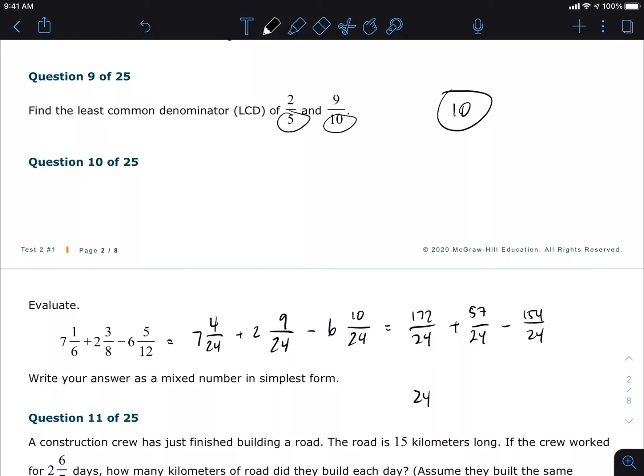So my denominator is going to be 24. My numerator will be 172 plus 57 minus 154, which should be 75. And 24 goes into 75 3 times, right? And the remainder is 3 over 24, but that can be reduced. So I'm going to get 3 1/8, and that is my solution.